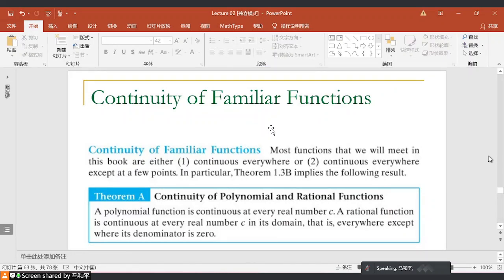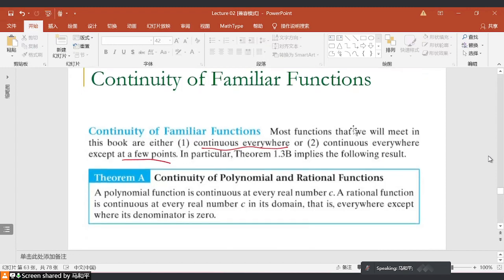And we will learn continuity of familiar functions. Most of the functions that we will meet in this book are either continuous everywhere or continuous everywhere except at a few points. In particular, Theorem 1.3b implies the following results. We will know that the polynomial and the rational function are continuous.